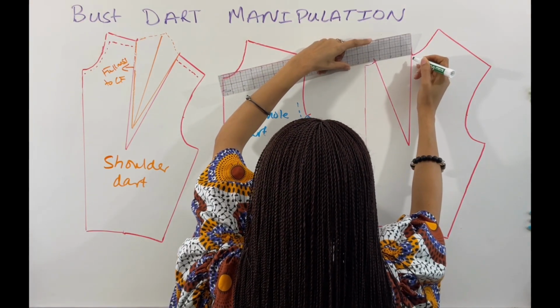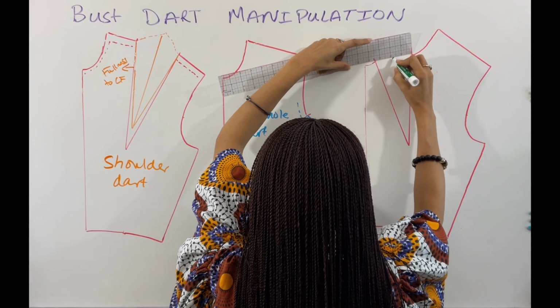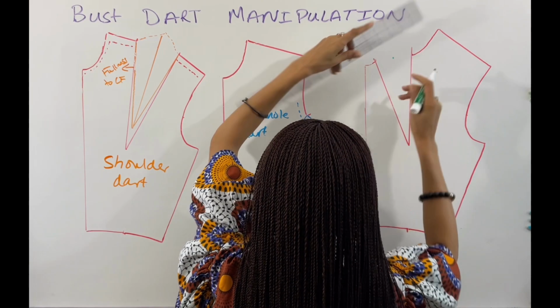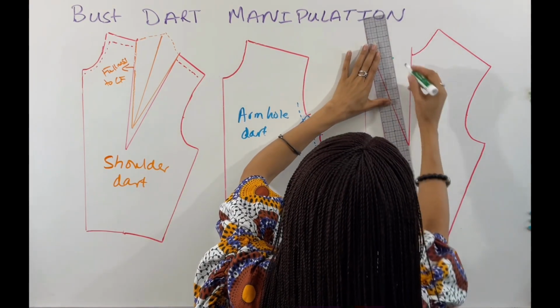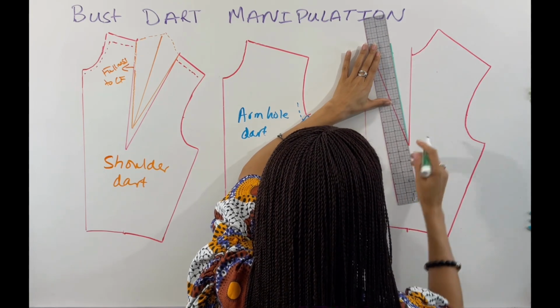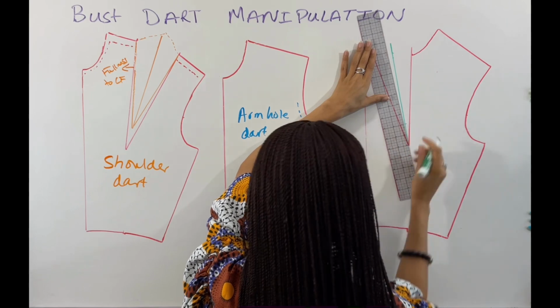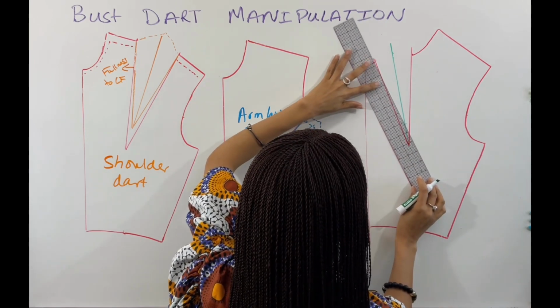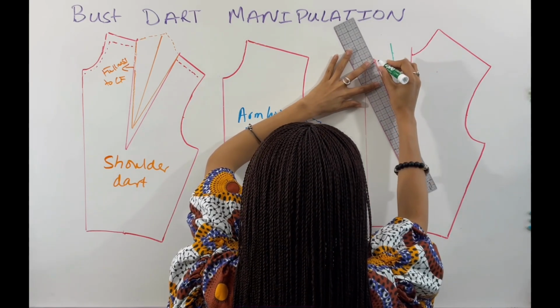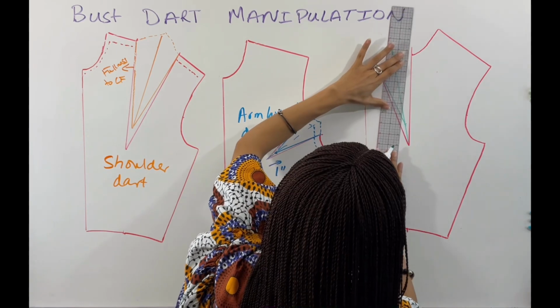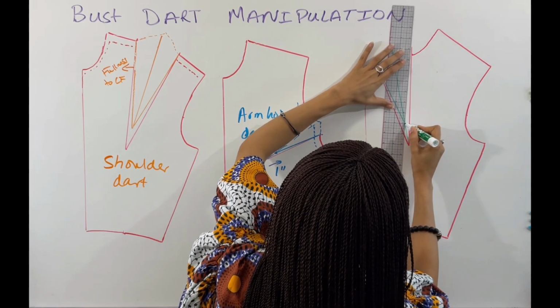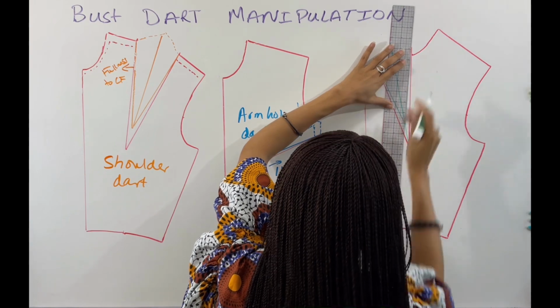I have now 3.5, so I need halfway here. So this is it. Draw your line down, then mark off 2 inches up from the bust point, and this will be your new dart line. This is also your new dart line.